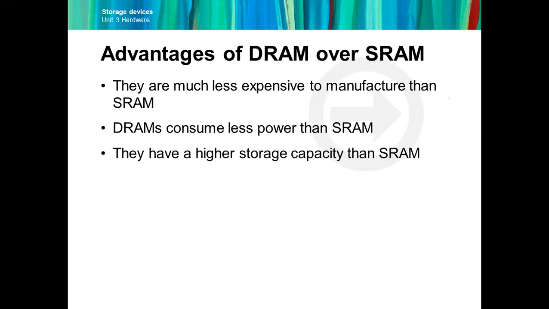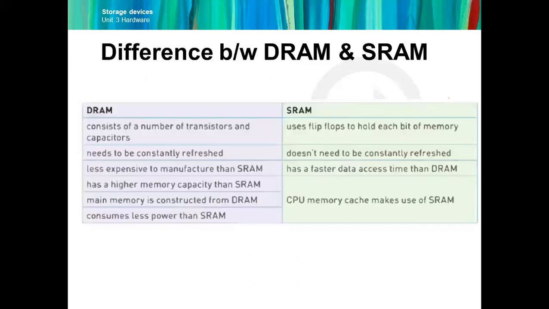The DRAM consumes less power than the SRAM, and the good thing is it has higher storage capacity than SRAM as well. So ये 2-3 points हमने कुछ थोड़ी देर पहले देखे भी थे, and usually the examiner is going to ask for one or two advantages over SRAM or DRAM. Vice versa भी कर सकते हैं.